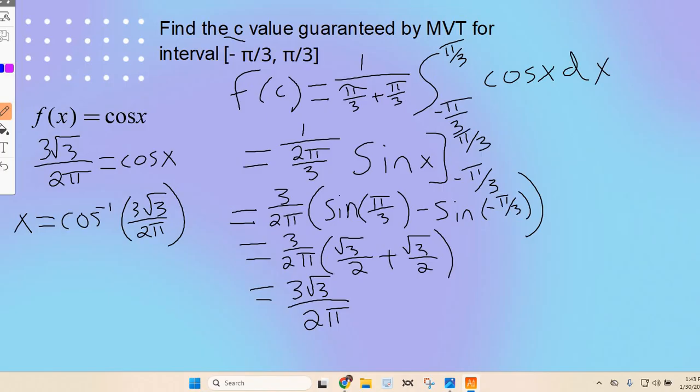But because I have pi's over 3's, what mode should I be in? Radians. Yes.